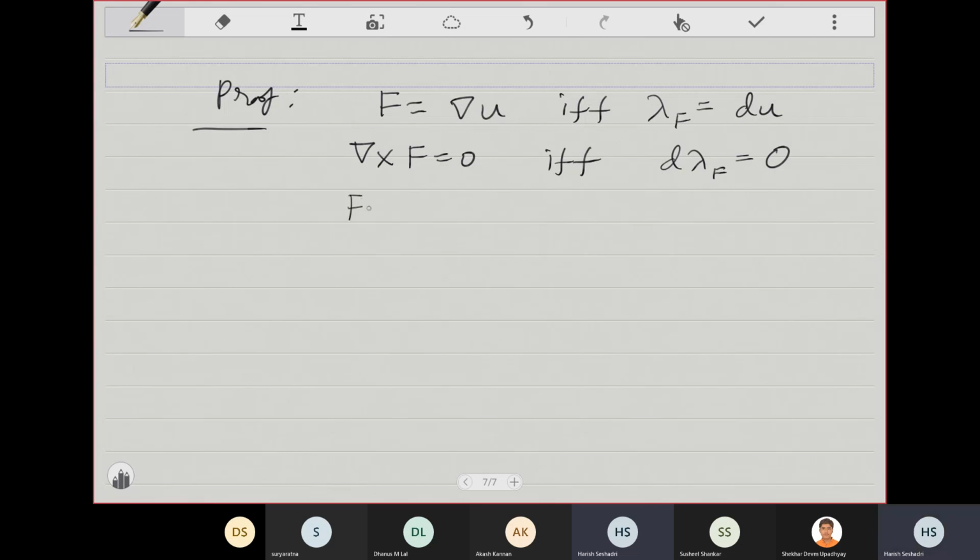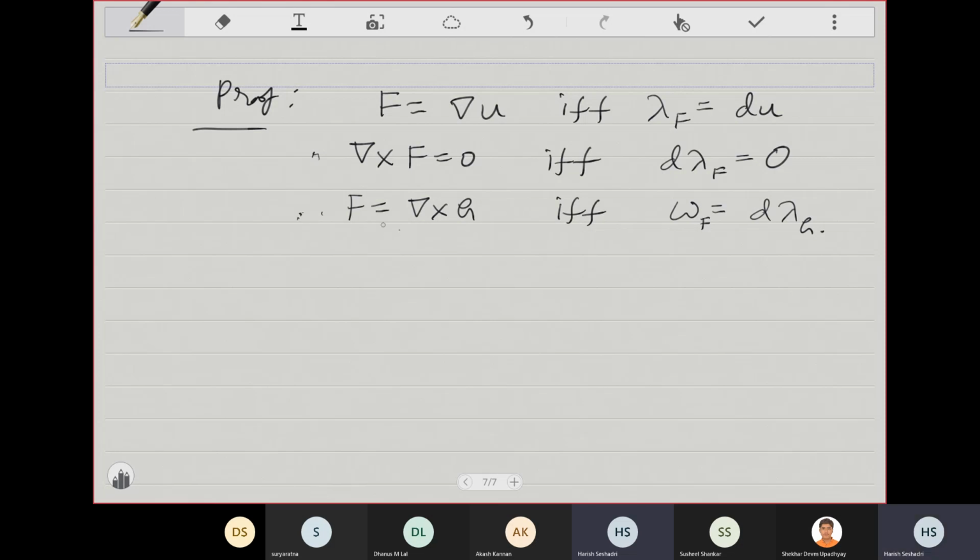And then F equal to the curl of something if and only if omega, now comes the two form, omega F, the two form associated with F, equal to d lambda G. Actually, I could have, instead of writing these two separately, just noted that the second one follows from the third one, right?